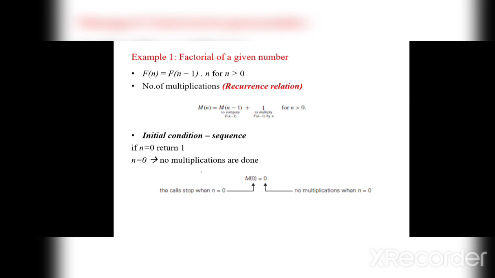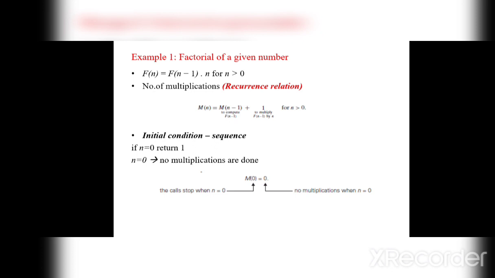Now we have to find the initial condition and the terminating condition. The factorial of a given number is given by F(n) = F(n-1) * n for n greater than 0. The number of multiplications, that is the recurrence relation, is given by M(n) = M(n-1) + 1. M(n-1) is the number of multiplications to compute F(n-1), and the plus 1 represents multiplying F(n-1) by n, for n greater than 0.